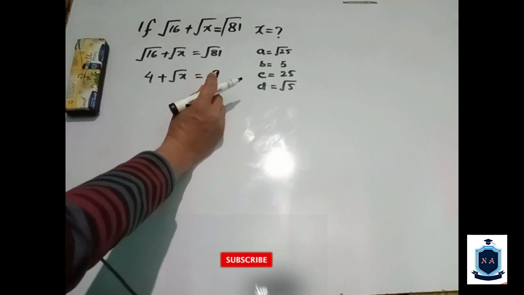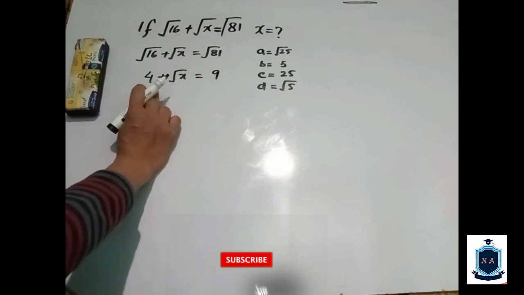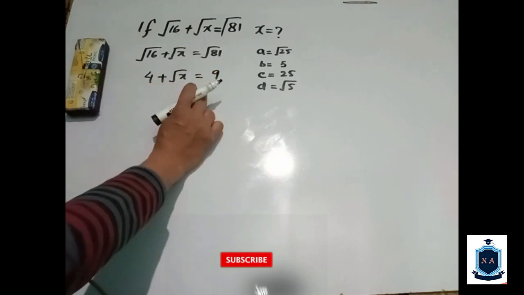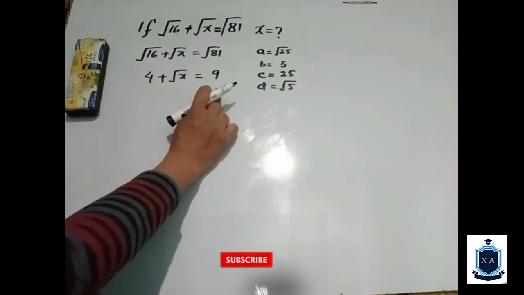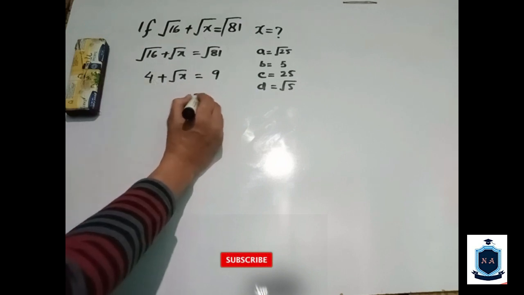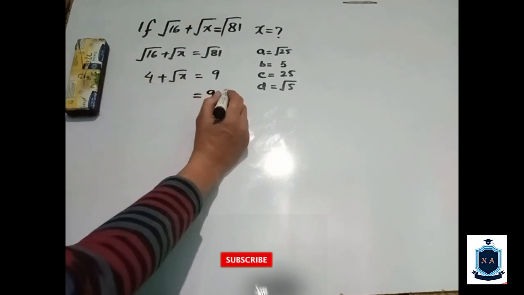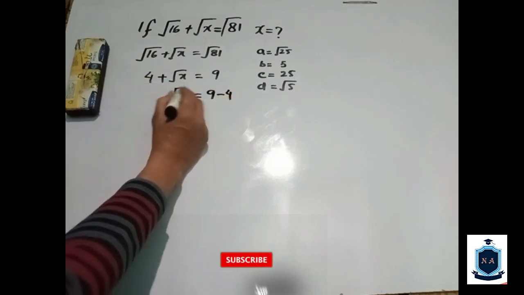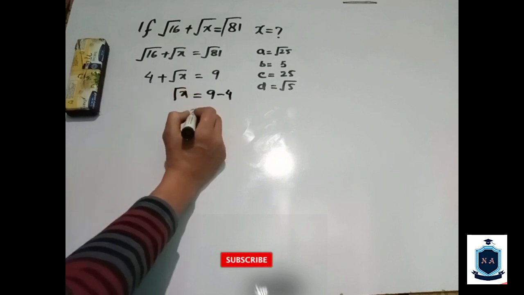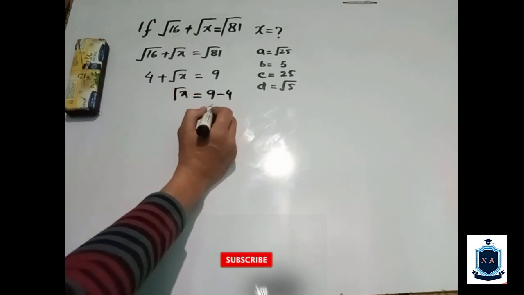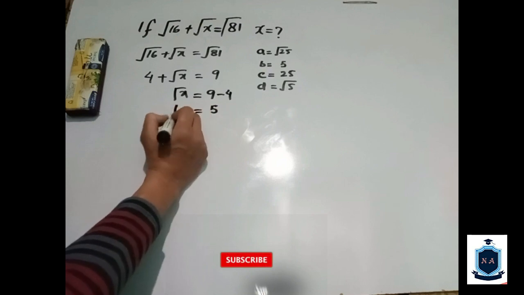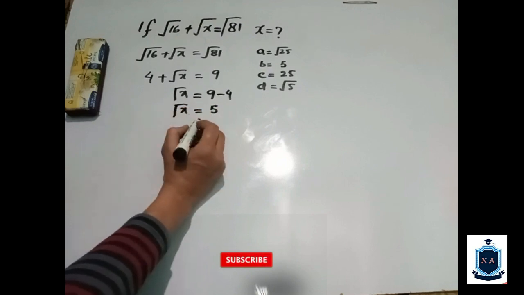So 4 plus √x is equal to 9. If I transfer 4 from the left side to the right side, the sign changes from positive to negative. So 9 minus 4 is equal to 5, and √x remains the same.